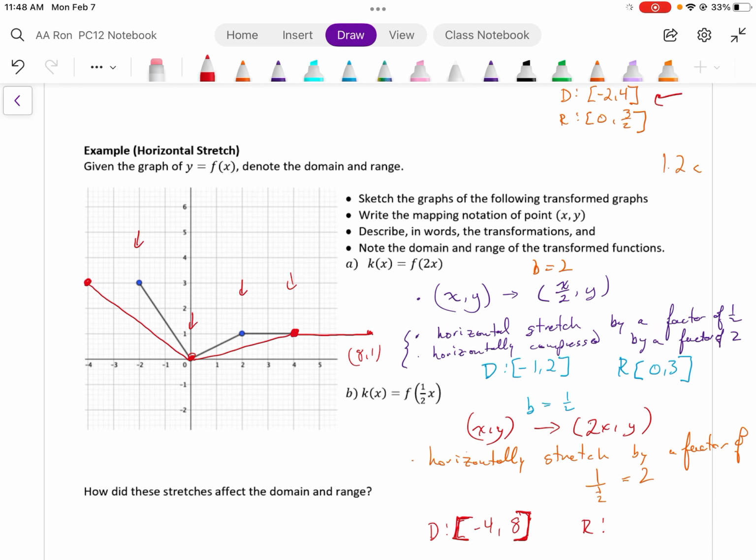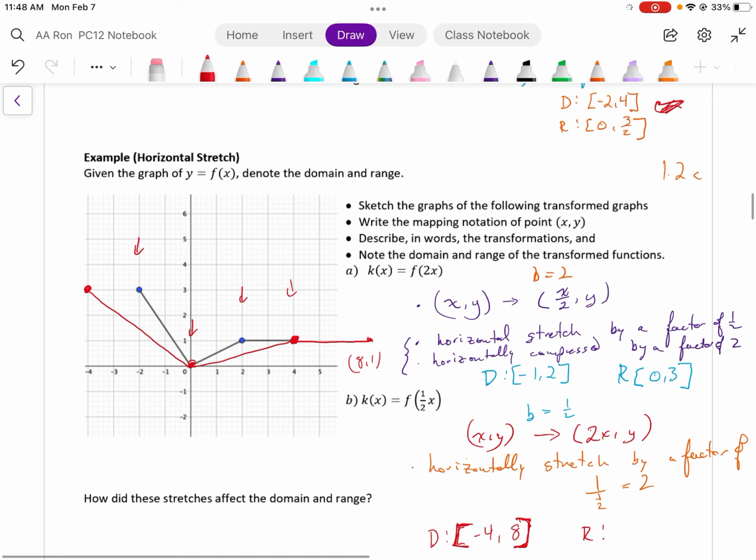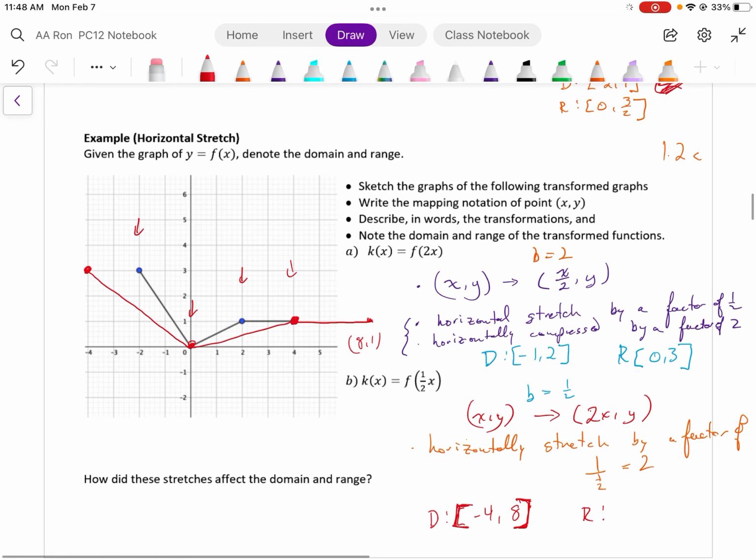My range, sorry, this is the domain and range for a previous function. My range actually remains the same, 0 to 3. And there we have it.